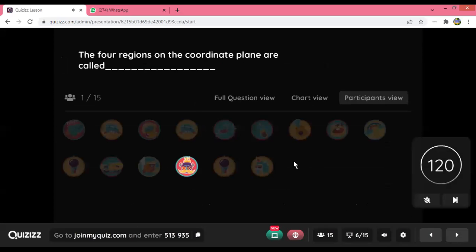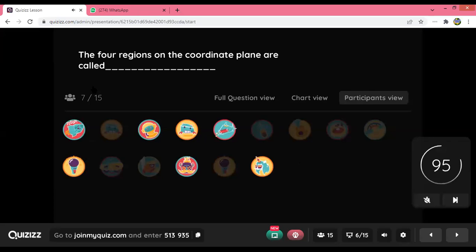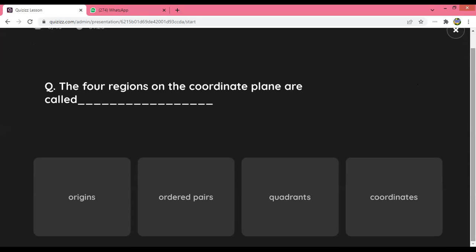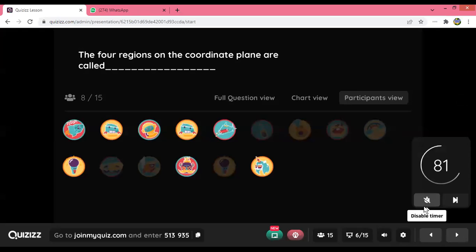The four regions on the coordinate plane are called what? The x and y axes break this entire plane into four parts. What are those four parts called? The first choice is origin. Origin is the point of intersection of both the axes. Next is ordered pair. For those who want to see the question, that's the question.